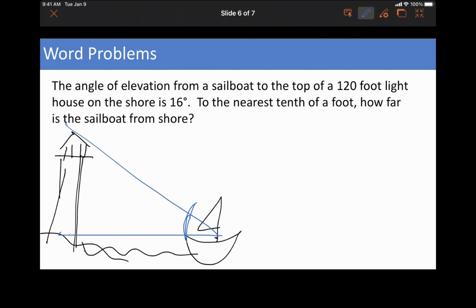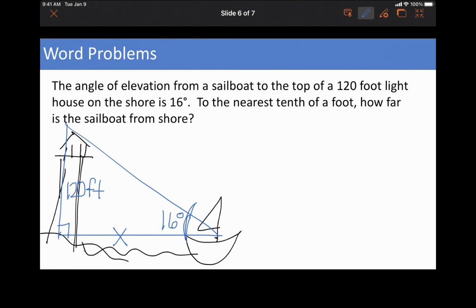So the lighthouse here is 120 feet. Okay, and the angle of elevation is 16 degrees. To the nearest tenth of a foot, how far is the sailboat from the shore? So how far is it from here to there?